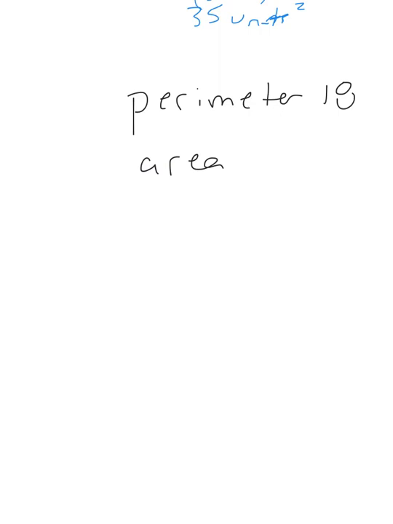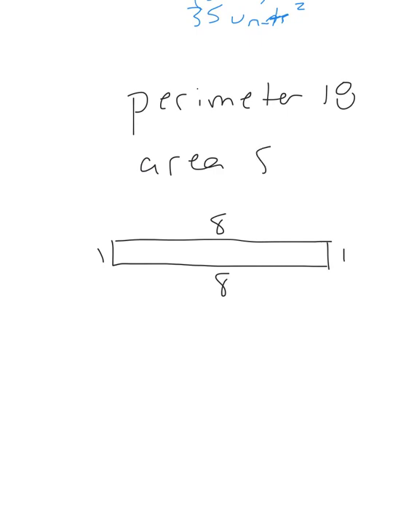Well, let's think about that for a second. Perimeter of 18. What's half of 18? 9. So couldn't it be 1 by 8? So 1 by 8 by 1 by 8 is a perimeter of 18, but that's an area of 8 units squared.